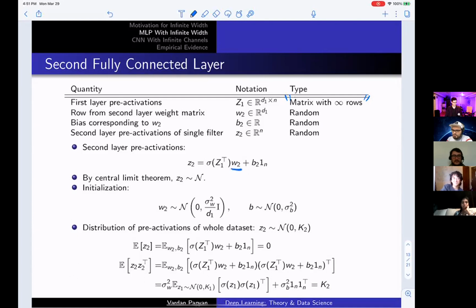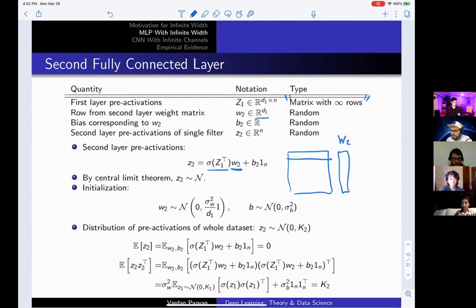Notice that W2 is a vector which is in R^D1, right? Now D1 is tending to infinity, so it's kind of like an infinite vector. Now notice that sigma(Z1) would be something like this, right? So this would be W2, which is of size infinity.